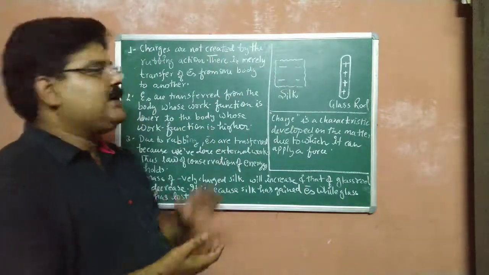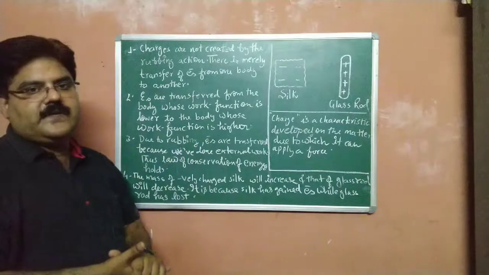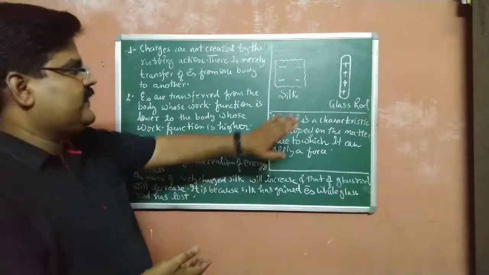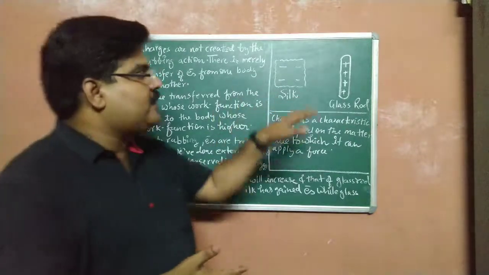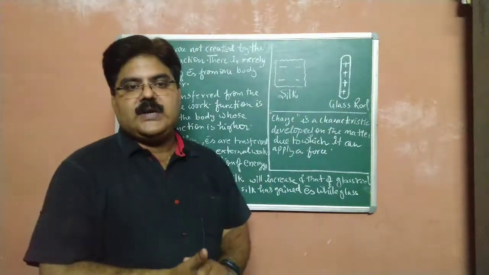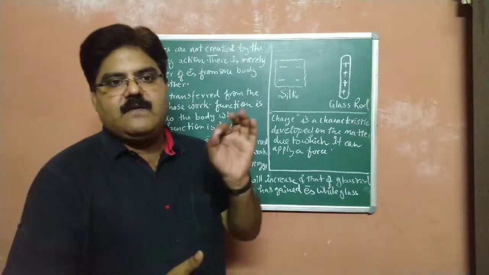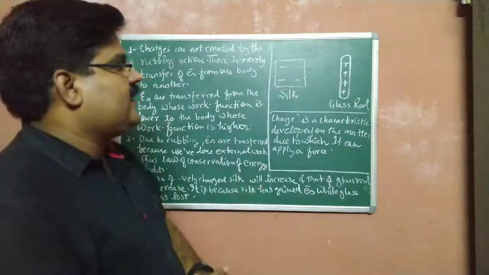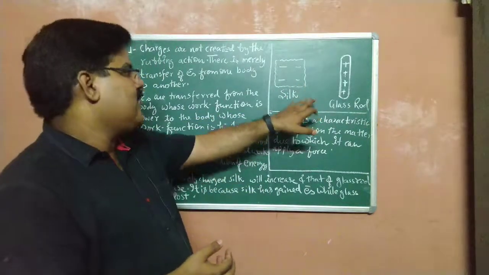Now some more properties. We cannot create charges, we merely transfer them. Now a question arises: from which body will the charge transfer? Maybe from the silk or the glass rod. How will we decide? A scientific term, the work function, decides the transfer of electrons.